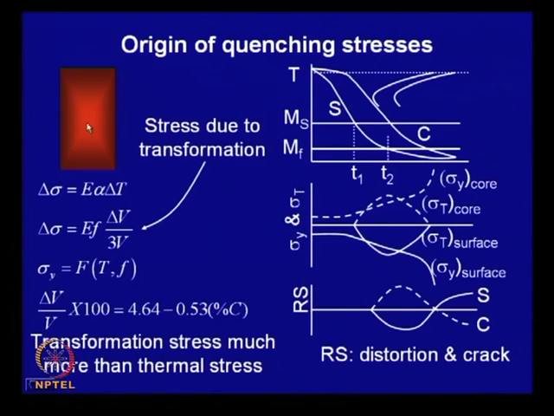So, this is the job. When you quench, the inside is still hot, but outside it has become cool, and because of this large thermal gradient, which is shown over here, this is a CCT diagram.